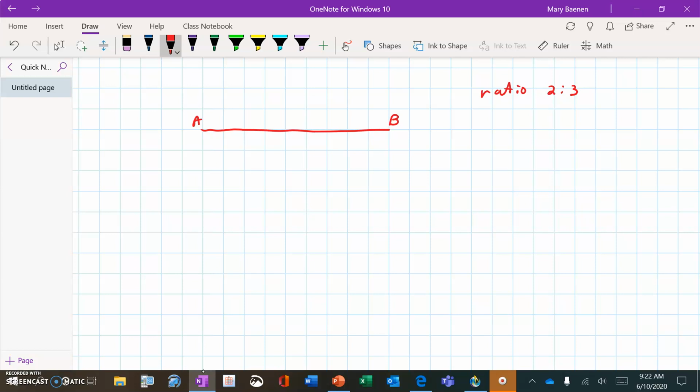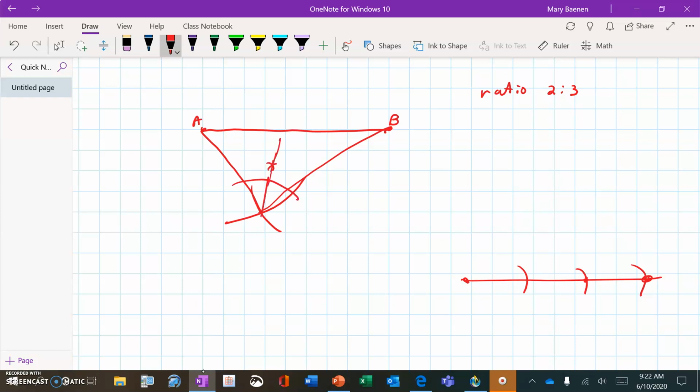So we did that by creating a long line here, and then we broke that line, that piece, into 1, 2, 3 equal pieces. With the compass open 2 units, we stabbed in here and made an arc. With the compass open 3 units, we stabbed in here and made an arc. And then that created a triangle in which we did an angle bisector. And that broke it into the ratio of 2 to 3.